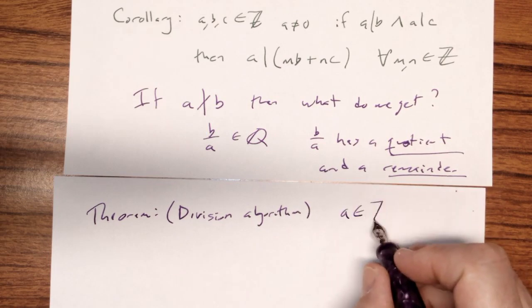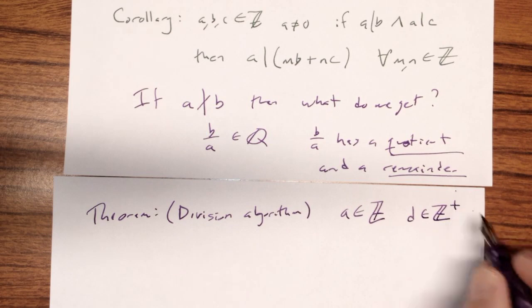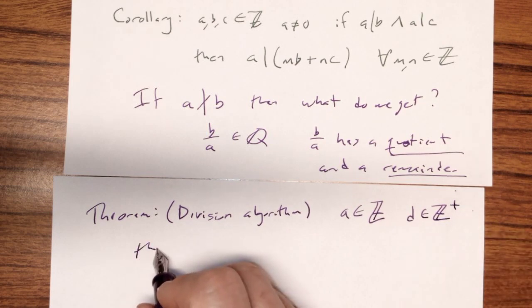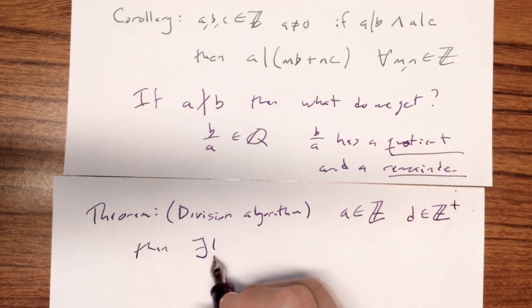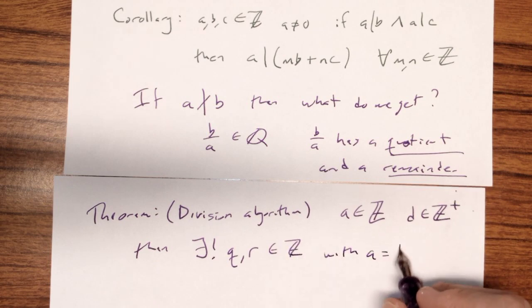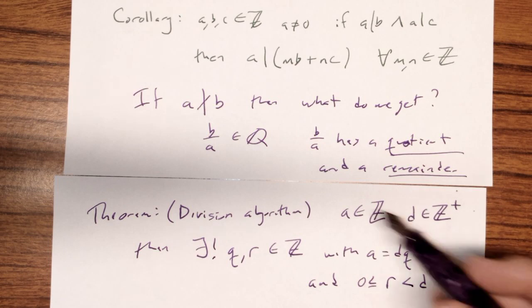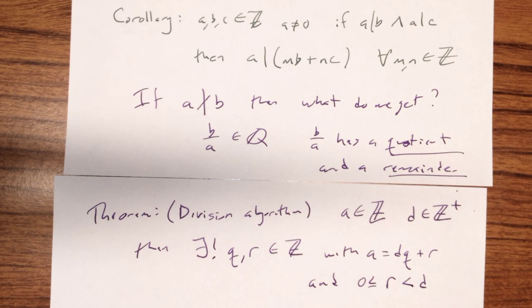If I have any integer a and a positive integer d, then there exist unique values q and r, which are integers, with a equal to dq plus r, and r is strictly less than d, but bigger than or equal to 0. If r is equal to 0, then d divides a. This applies to any pair of integers, one arbitrary, one positive.